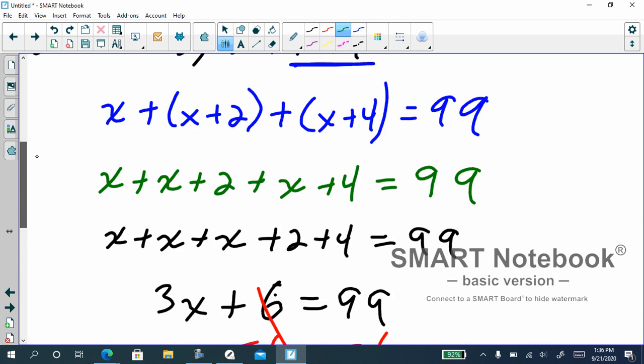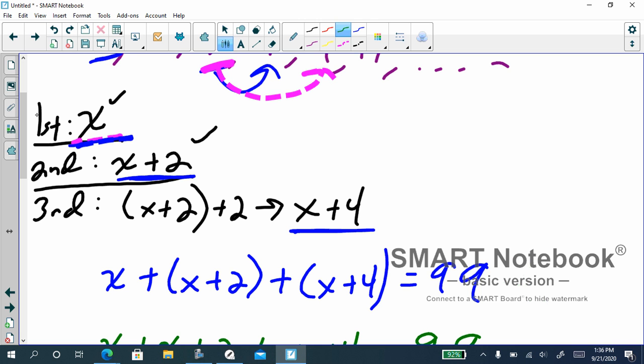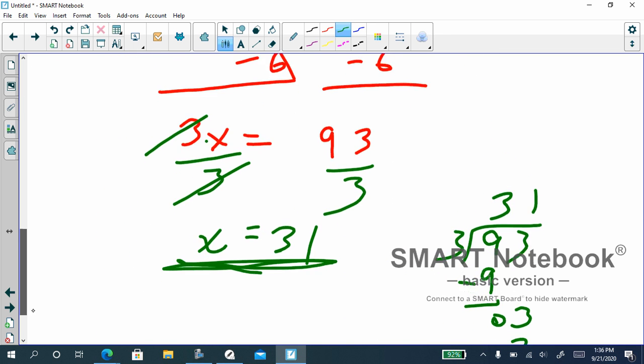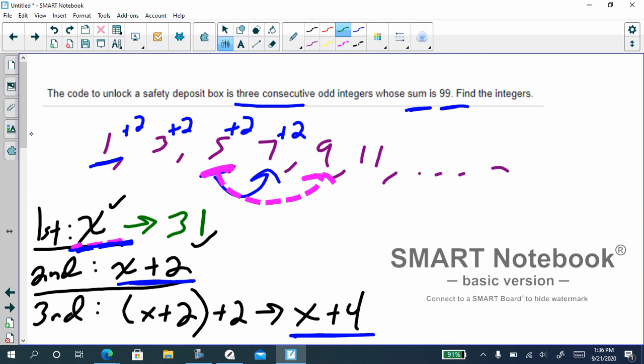Well, notice we made good notes up here. We listed what x stood for. X is the first odd number in this list. The second odd number is that x plus 2. So 31 plus 2, or 33.